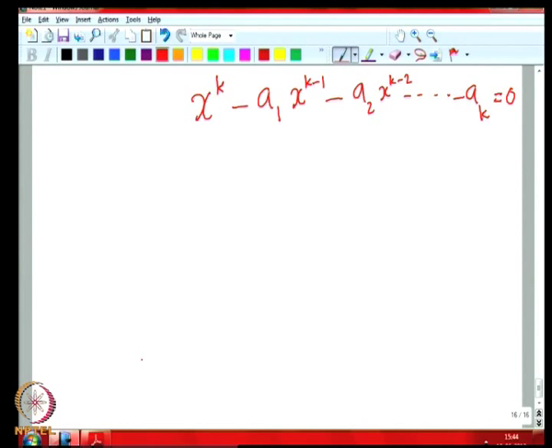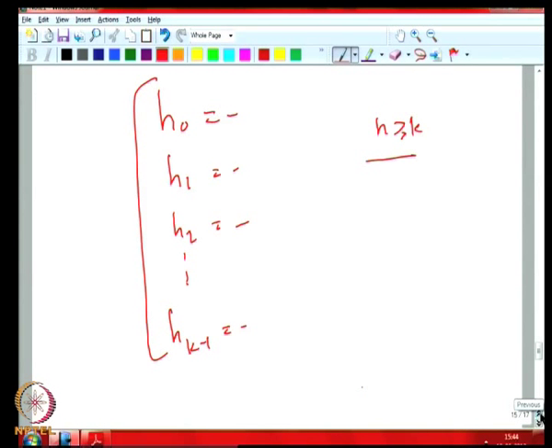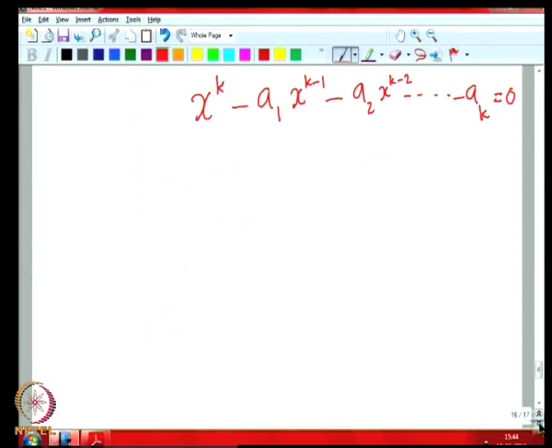This was the characteristic equation. Now, put n equal to 0.